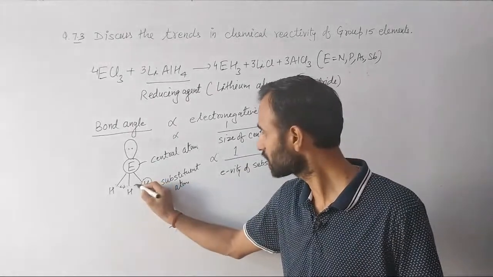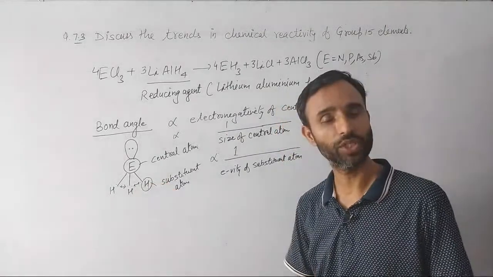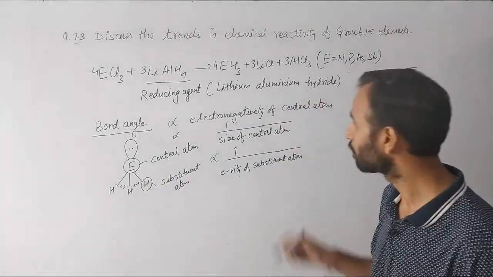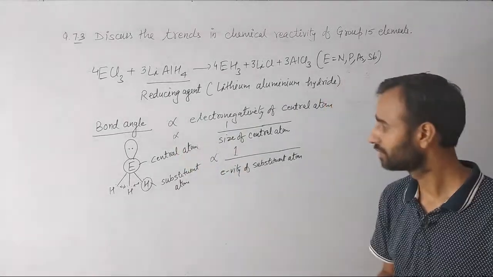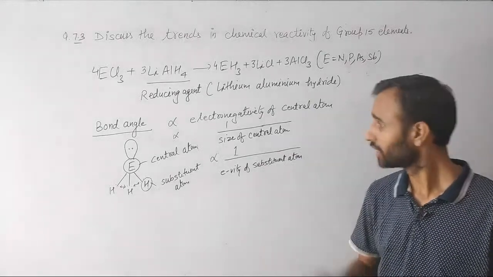So if distance between the bond pairs increases, the bond pair repulsion is less. Okay, and that's why bond angle decreases.